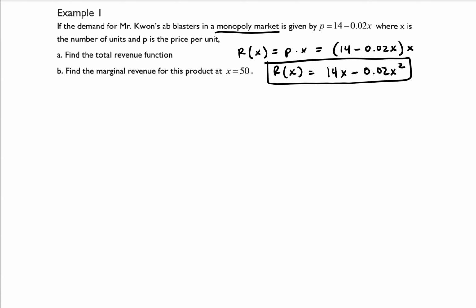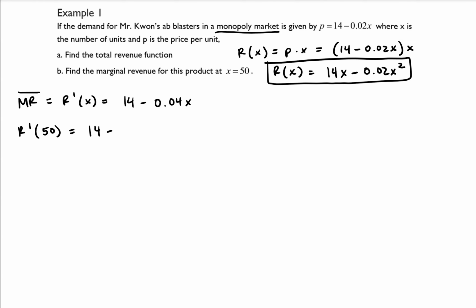And for part B, we want to find the marginal revenue for this product when x equals 50. So the marginal revenue is the same thing as the derivative of the revenue function. And that is going to be 14 minus 0.04x. And now we want to evaluate R prime of 50.